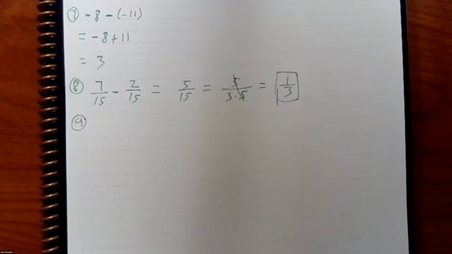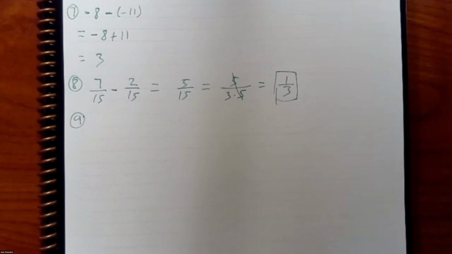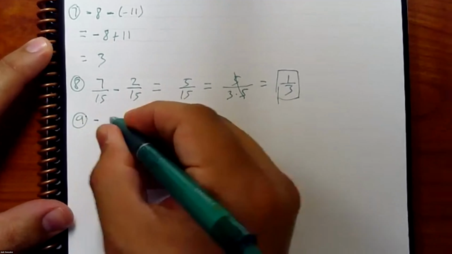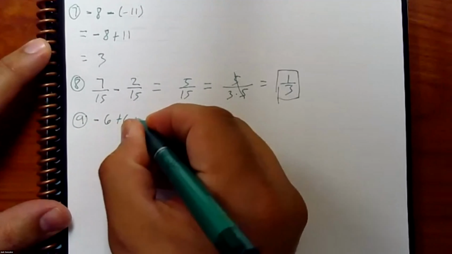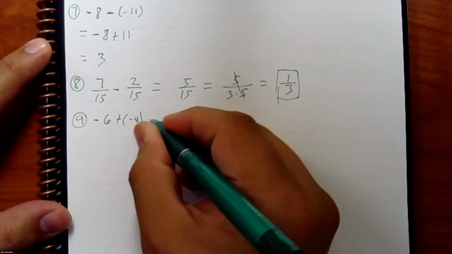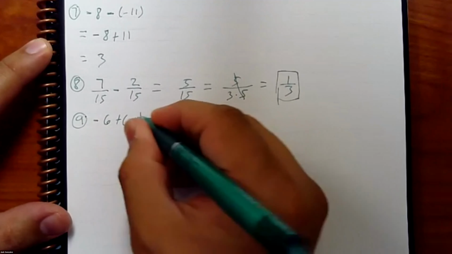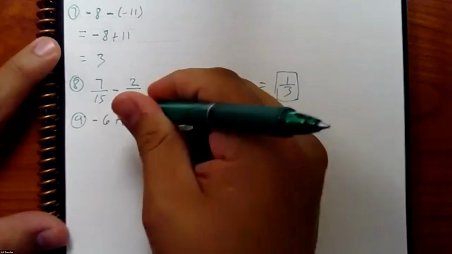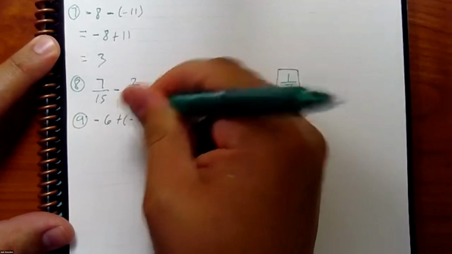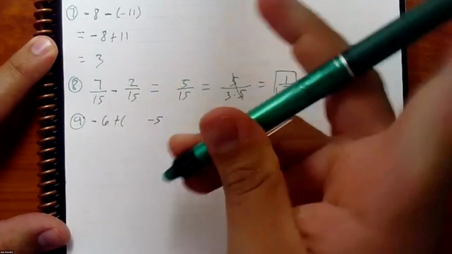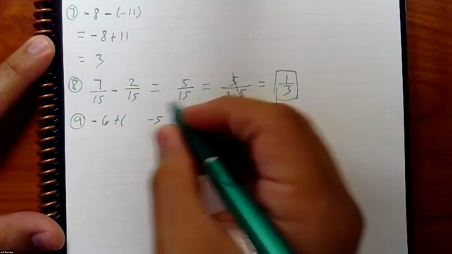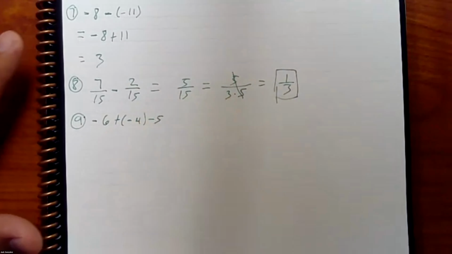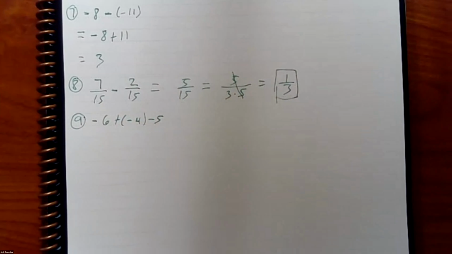Okay, you guys cool on 8? Good. So -6 plus a -4.